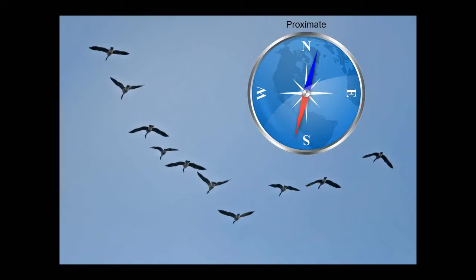Another proximate question that is cool for purposes of cooperation is, what is the actual arrangement? How is the arrangement of the birds in the V figured out? It turns out this is actually a bit of a prisoner's dilemma, because when you fly, the bird in front is separating the air, and if you're flying behind another bird, it's easier to fly and you use fewer calories.